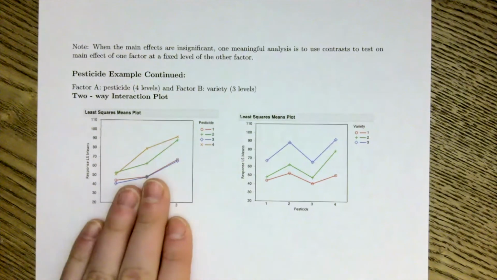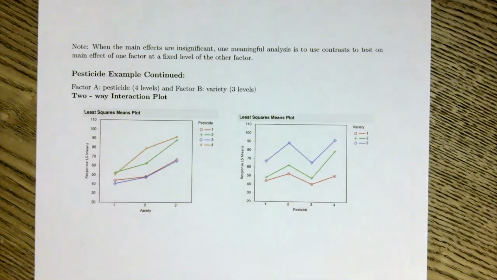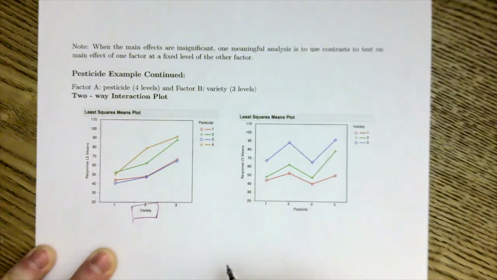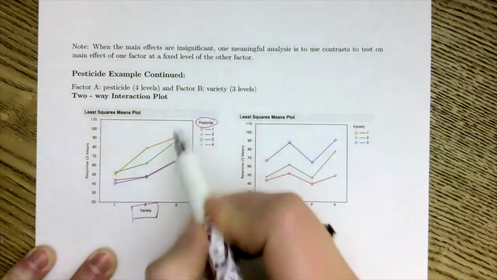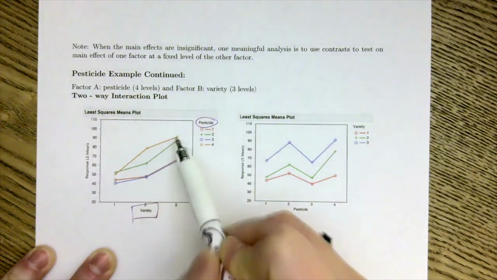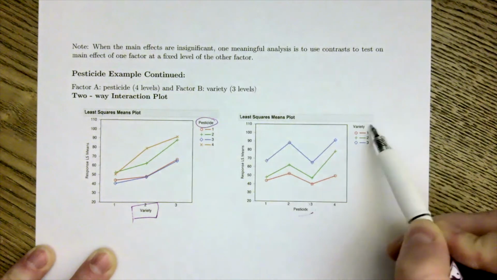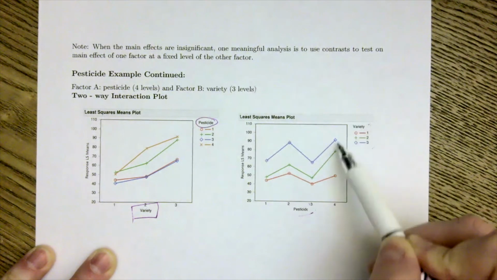So here's one two-way interaction, here's the other. The difference between these two plots is we have variety on the X, and our pesticide is our trace factor, so it's the color. However, on this picture, we have our pesticide on our X and our variety on our trace factor.